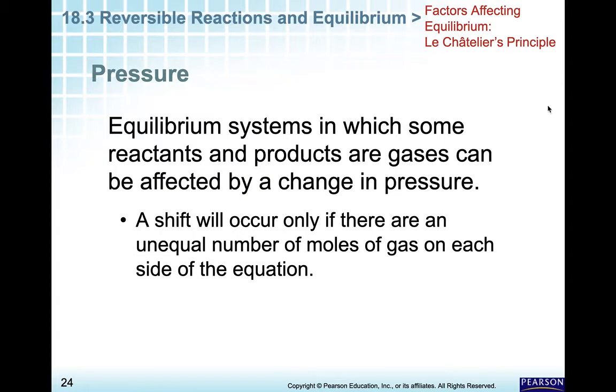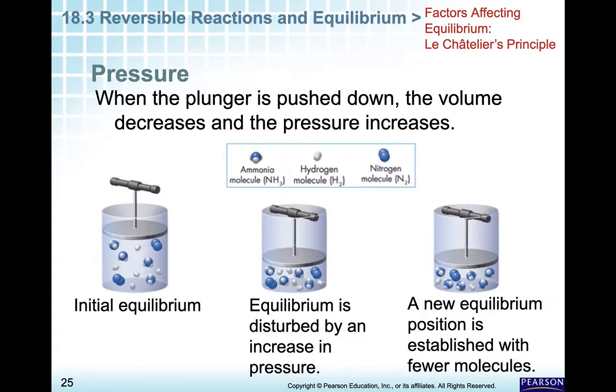So pressure will only cause an equilibrium shift if there is an unequal number of moles of gas on either side of the reaction. So let's look at an example. Here we've got a container that contains an equilibrium mixture of ammonia, hydrogen, and nitrogen.